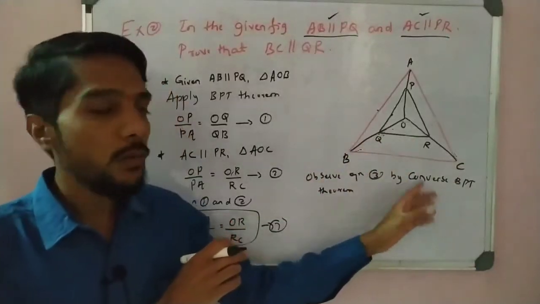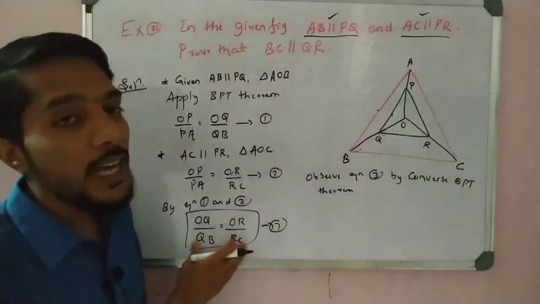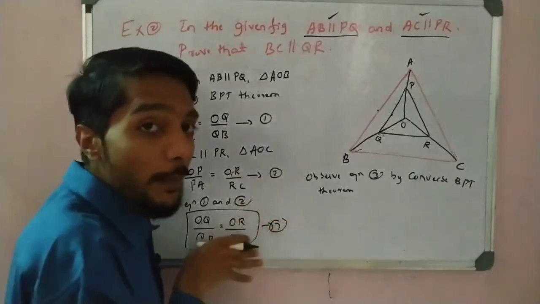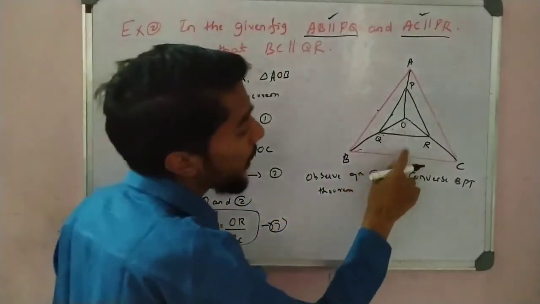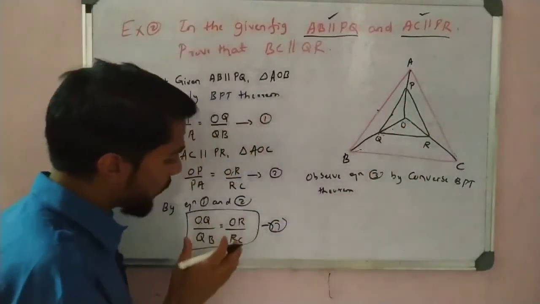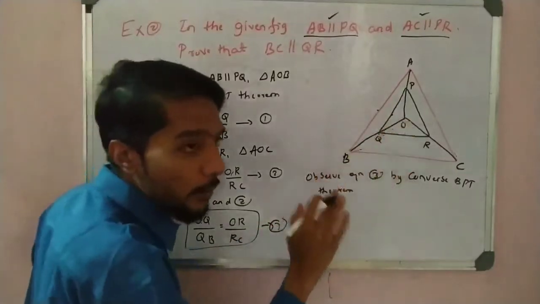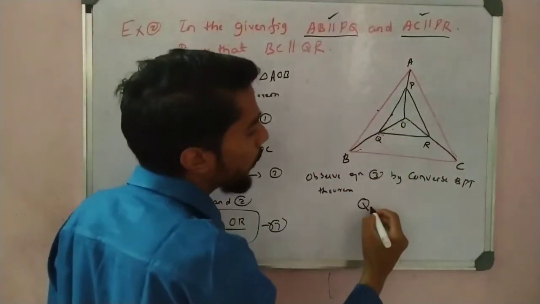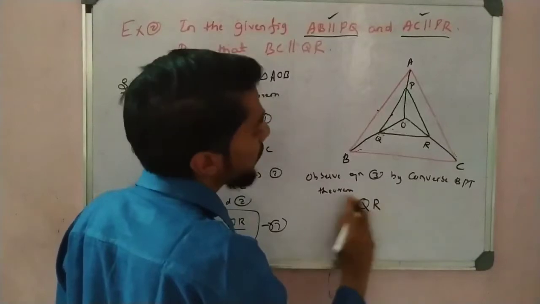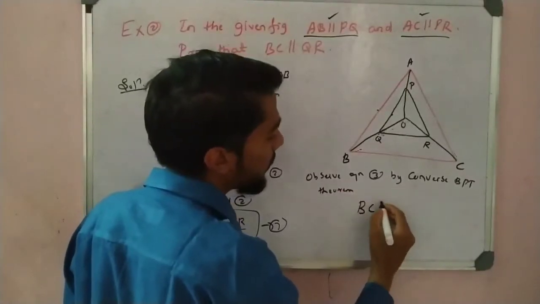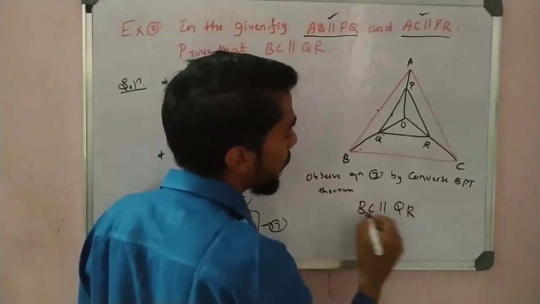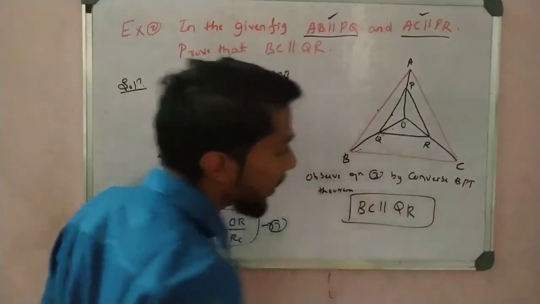That is why it is the converse. Observing equations 1 and 3, the sides are in proportion, therefore BC is parallel to QR. Only then is it possible that the sides are in ratio, clear.